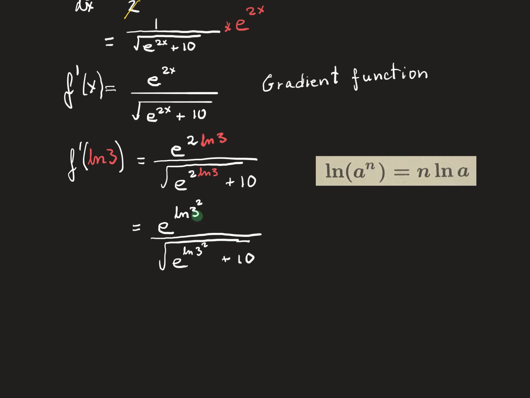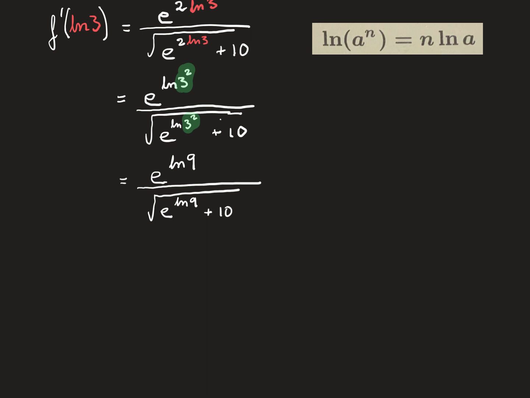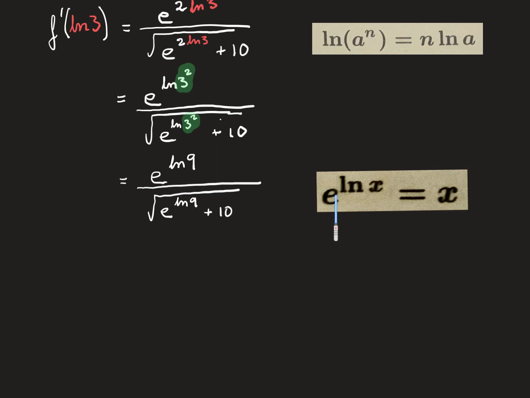And we know that 3 squared is 9 and 3 squared is 9, so we'll change that. And now we'll have to refer to another natural log rule, which is e to the ln x is x, so that e to the ln 9 will be just straight 9.